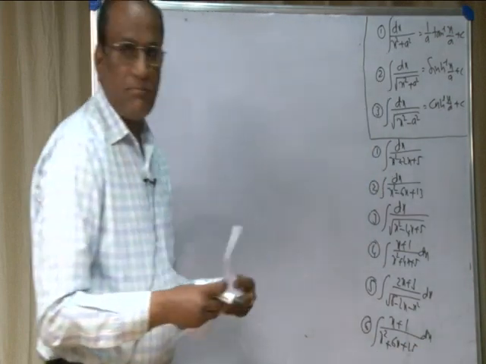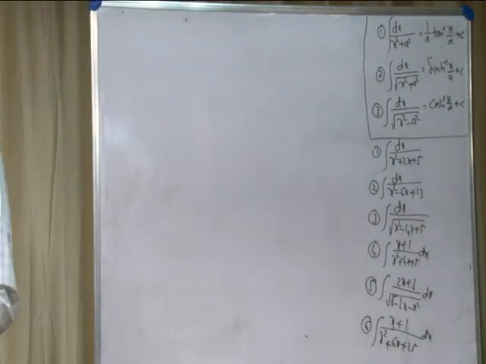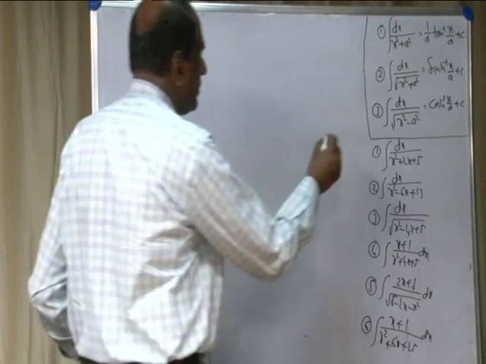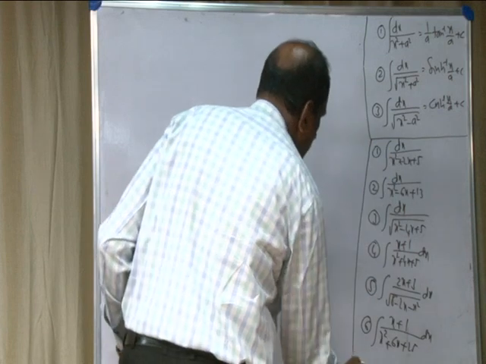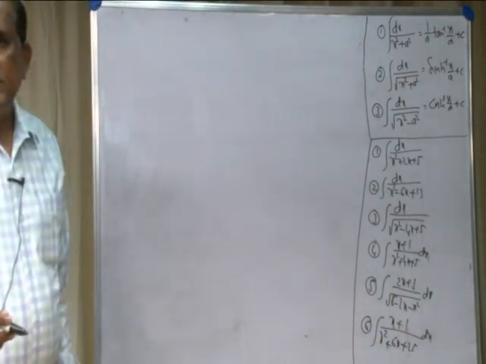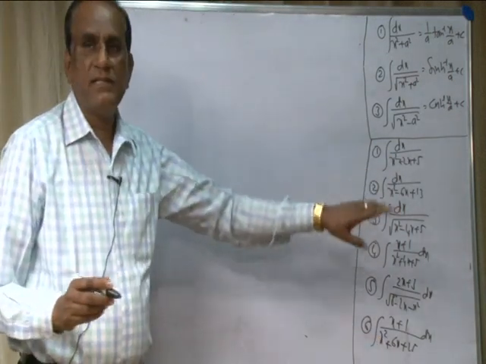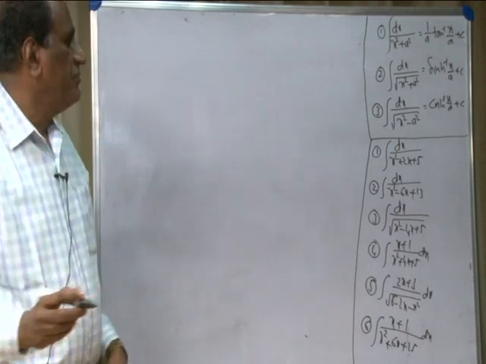So, these are the problems based on the 4 standard forms of integrals. See here, these are problems having more steps, so the calculation is more; in some cases the calculation is easy.